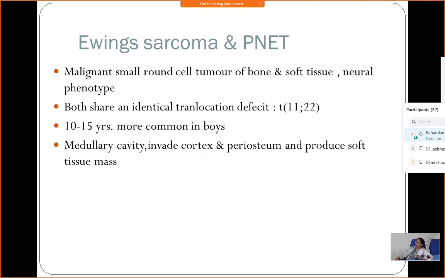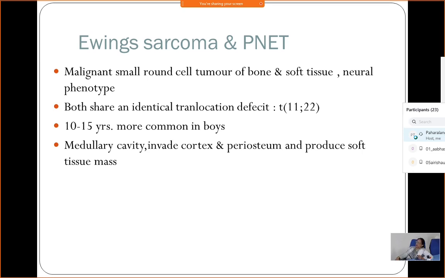Now just to recall, there are so many small round cell tumors that occur in the pediatric age group. For example, from the kidney, we taught you about nephroblastoma or Wilms tumor. From the adrenal gland, you can get neuroblastoma, which is also a small round cell tumor.